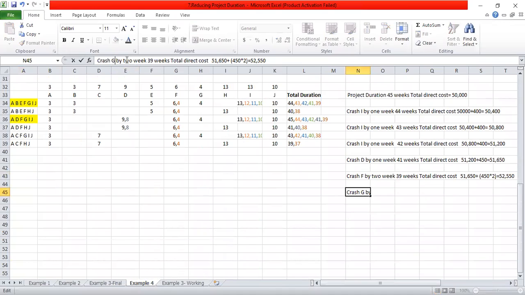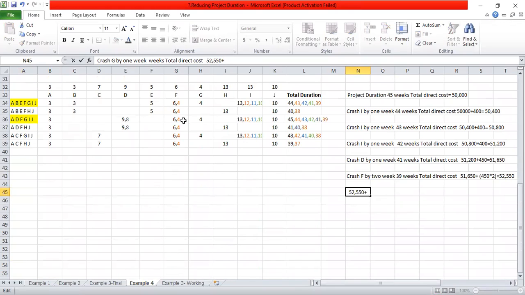Crash G by 1 week. So we have to find the weeks here, and the total direct cost is now 52,550, to which you have to add.